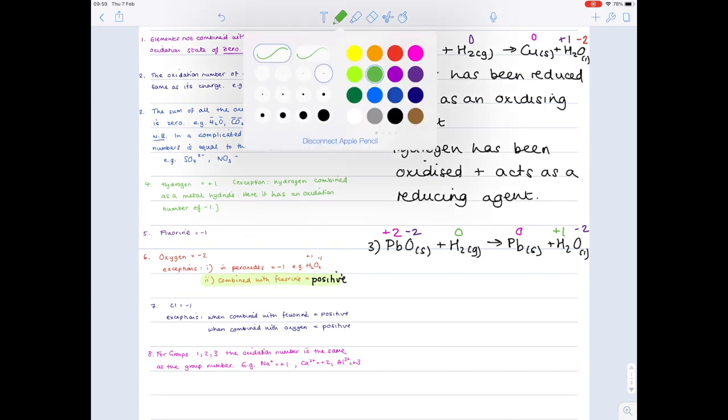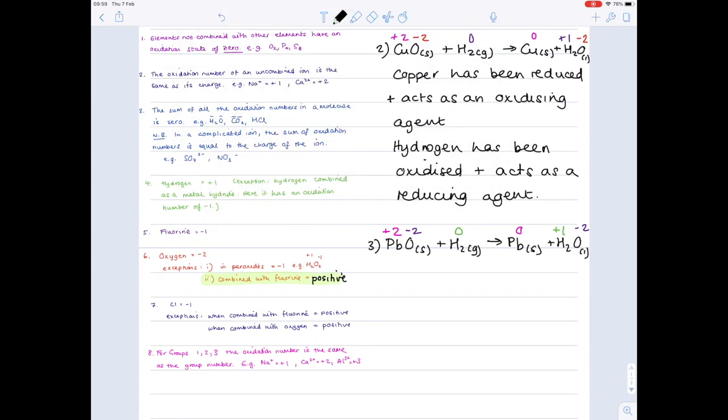Now let's work out what's been going on. Looking at lead, it's gone from +2 to 0, which means it must have gained electrons to become less positive. Because it's gained electrons, we know it's been reduced. And we also know that means it acts as an oxidizing agent. Oxygen has remained the same.